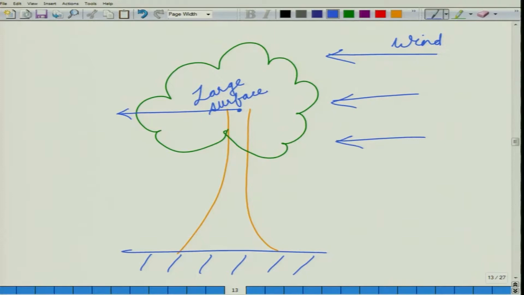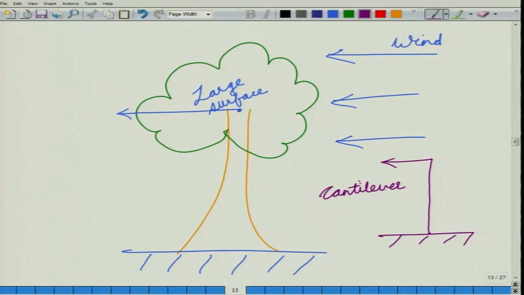So, essentially if we wanted to represent it in an engineering fashion, it would be something like this. You have a beam on which a force is being applied and this beam is anchored at the bottom. This structure is called a cantilever.